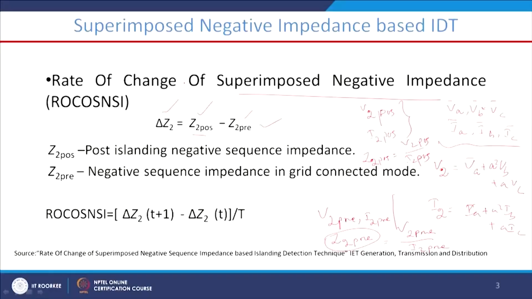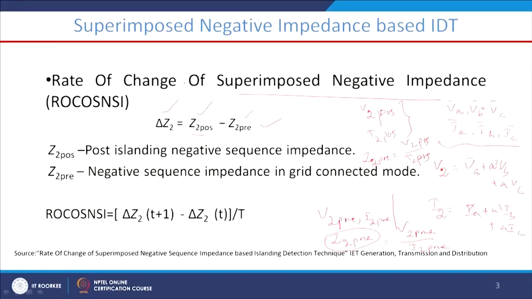What is this superimposed term? The definition of a superimposed quantity is the difference between the post quantity and the pre quantity. The superimposed parameter means the post parameter minus the pre parameter. Here, this is a superimposed parameter, the impedance.